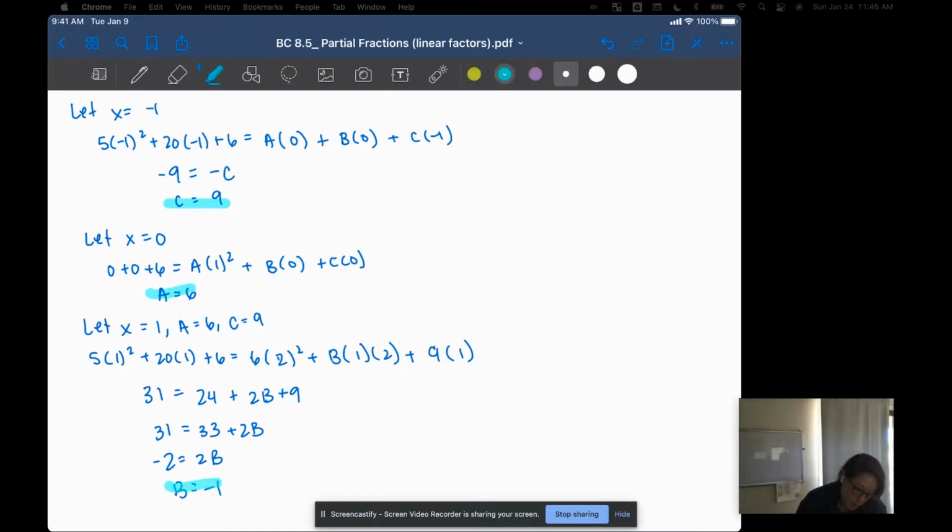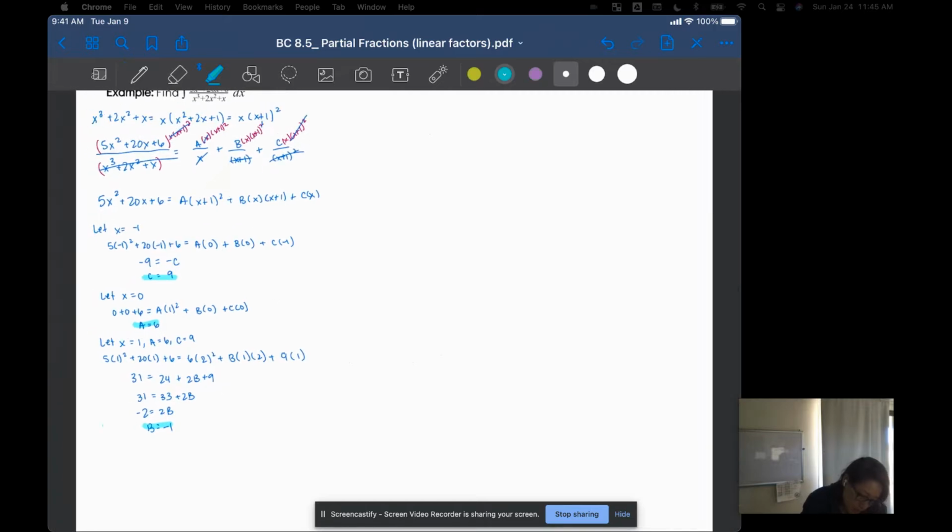All right, I have my parameter set, so I can go ahead and split apart my fraction.